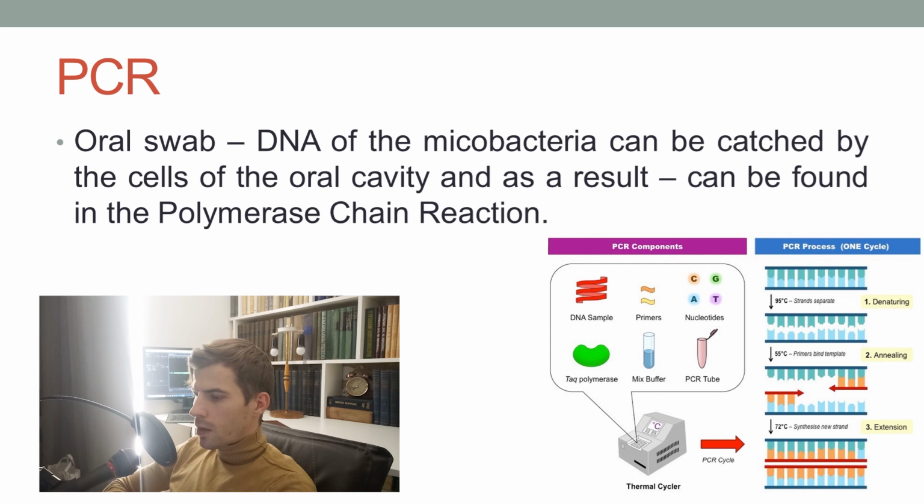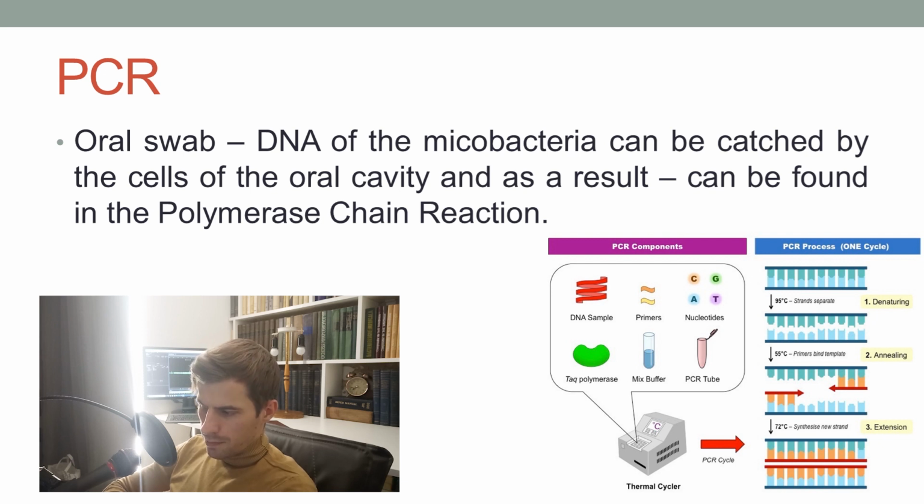But we have one of the most universal types of diagnosis, which basically can be applied, if not to all infections, probably to the majority of infections in lab diagnosis, and namely it is polymerase chain reaction.